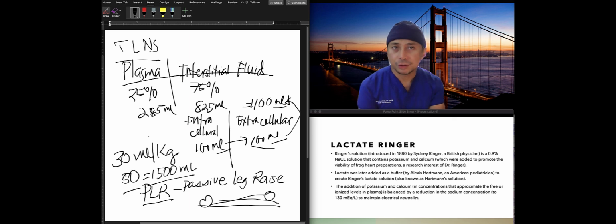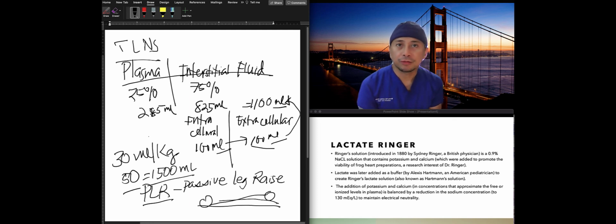And then of course you mention your passive leg raise, that it increases the blood pressure, so it's just an indication that your patient is fluid responsive. So PLR is what we do for assessing fluid responsiveness versus no fluid responsiveness.